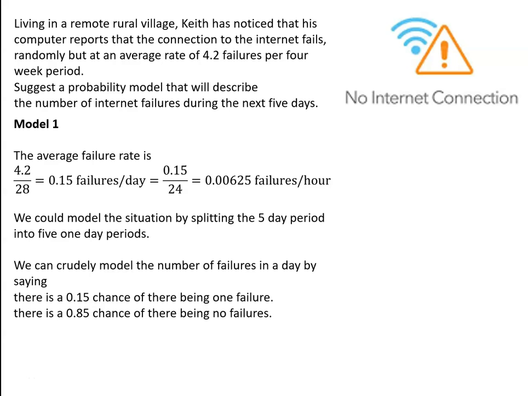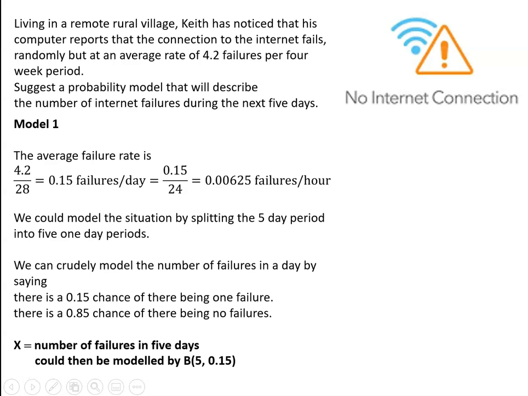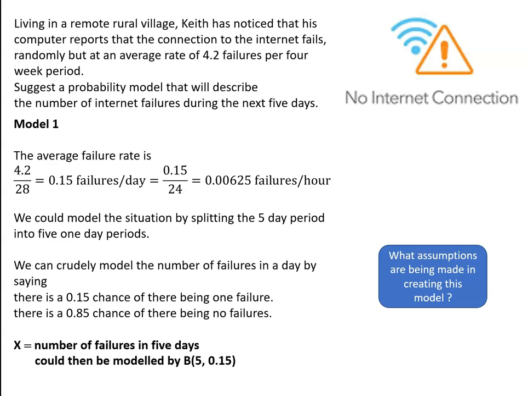And we can then say that x, the number of failures in 5 days, can be modelled by the binomial distribution with n equals 5, because we're considering 5 days, and p is 0.15 because we've got a probability of 0.15 of there being a failure in any particular day. Now, what assumptions do we need to create that model?